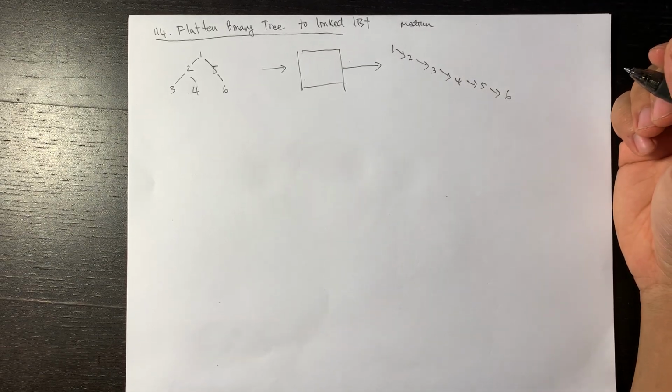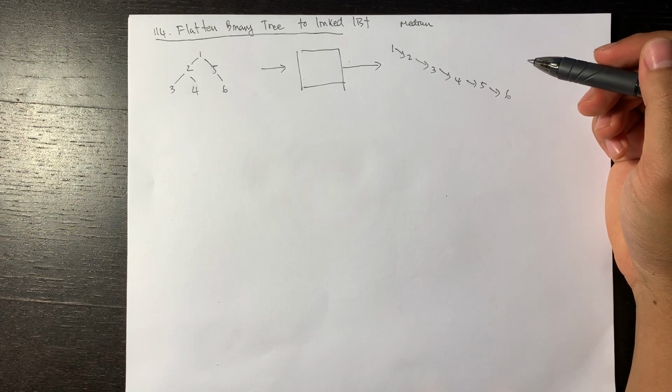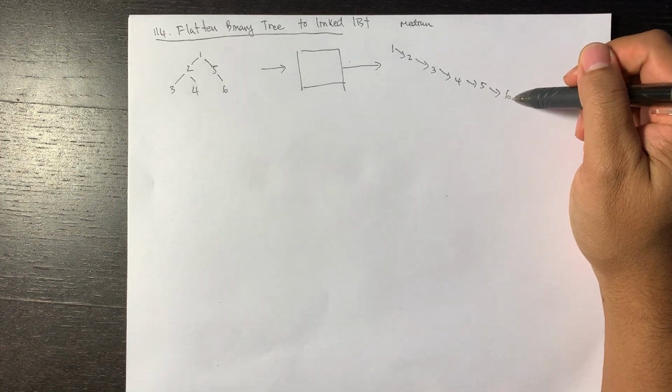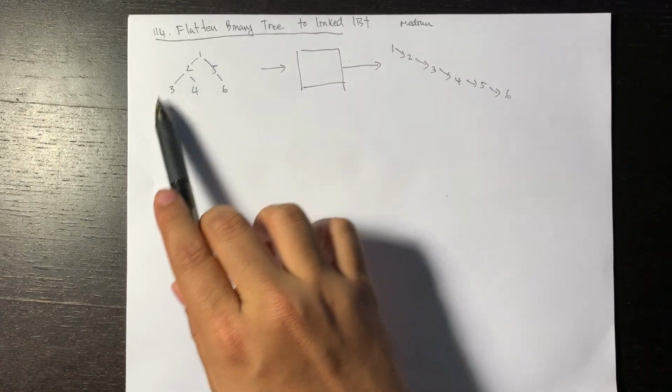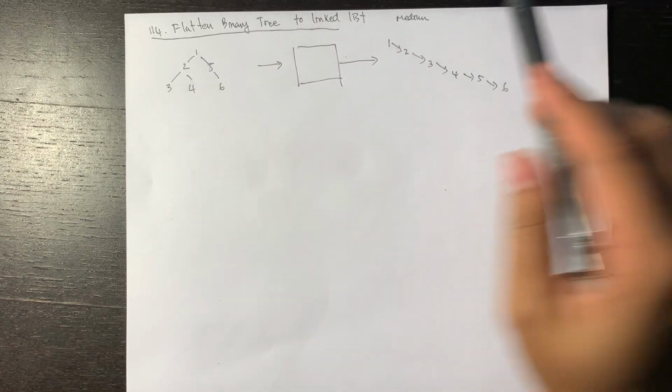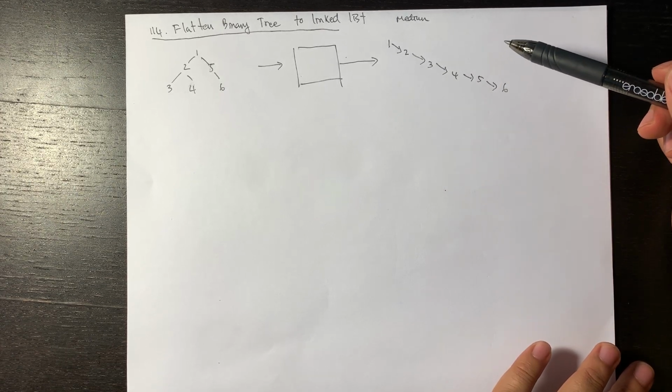I guess they want us to create a sorted linked list. As you can see, on the left side we have 1, 2, 3, 4, 5, 6, and the output is just 1, 2, 3, 4, 5, 6.